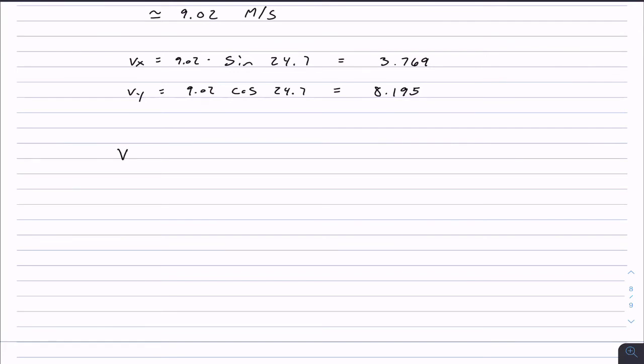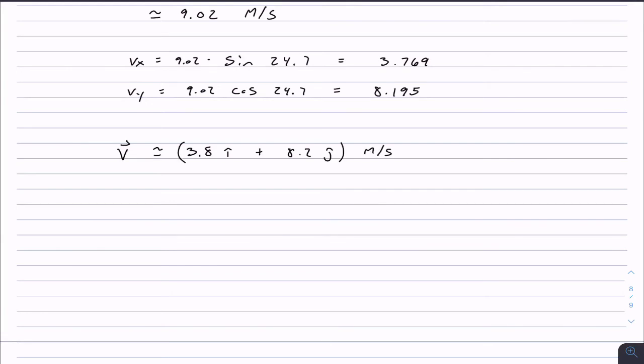That gives us a velocity of, if we're rounding, approximately 3.8 i hat plus 8.2 j hat, all in meters per second.